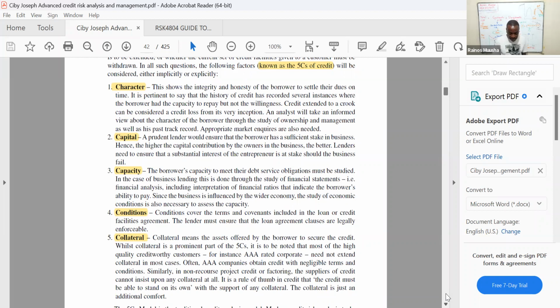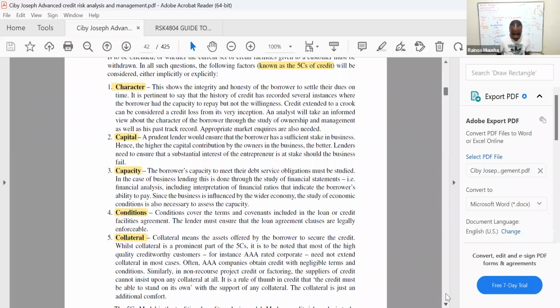Since the business is influenced by the wider economy, the study of the economic conditions is also necessary to assess the capacity to pay. So this is where we look at the economic cycles, where we say when the economy is going through the expansionary phase, the capacity to pay is generally higher. But when the economy goes through the contractionary phase, the capacity to pay becomes lower as well.